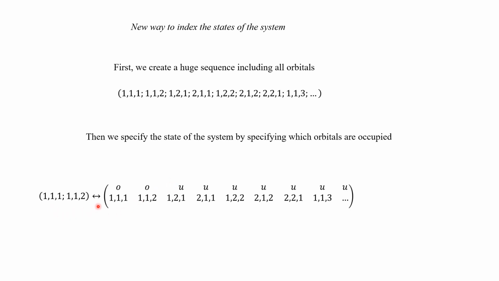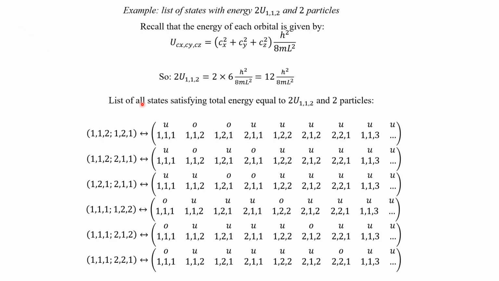So instead of using this strategy to specify the state, from now on we're going to use this strategy of labeling the state by placing the letter O for occupied or the letter U for unoccupied on top of the occupied or unoccupied orbitals. So in our previous example of states with energy 2 times the energy of orbital 112 and 2 electrons, we had these 6 states, and now we're going to label them like this.